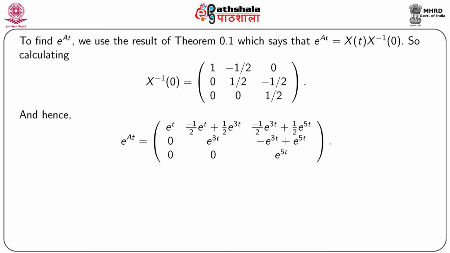It can be easily calculated that X inverse of 0 is [1, -1/2, 0; 0, 1/2, -1/2; 0, 0, 1/2], and therefore e to the power At will be given by X(t) into X inverse of 0, which is [e^t, -1/2 e^t + 1/2 e^{3t}, -1/2 e^{3t} + 1/2 e^{5t}; 0, e^{3t}, -e^{3t} + e^{5t}; 0, 0, e^{5t}].